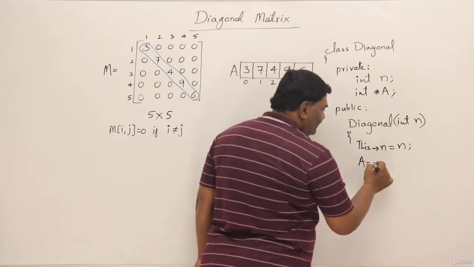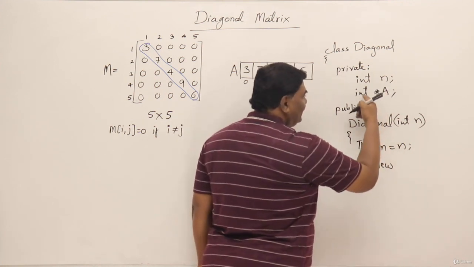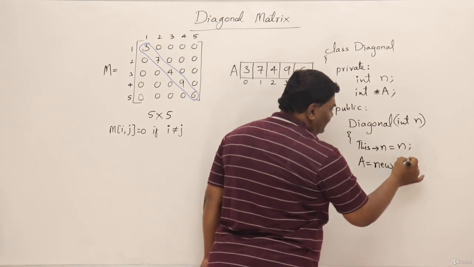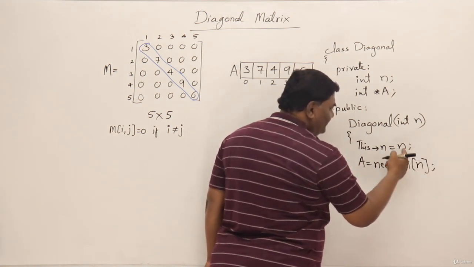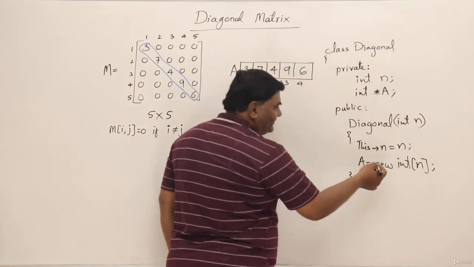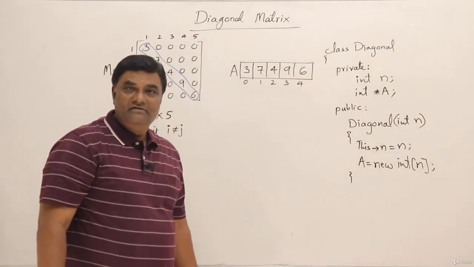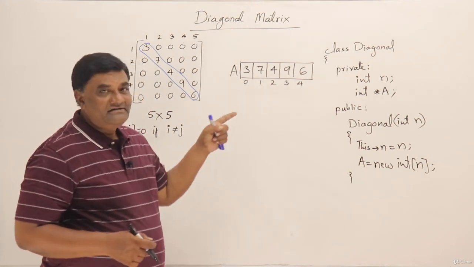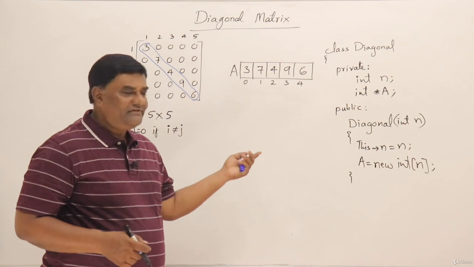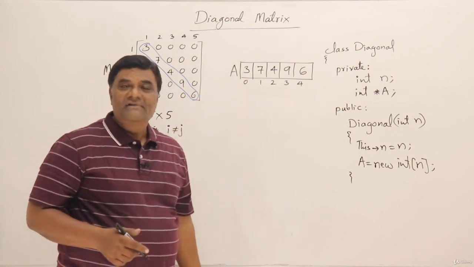So new, if I am taking integer type here, then it is integer of size n. I can use either this one or this one. So this is how the array is created. We will get a single dimension array of required size, that is 5 means an array of size 5.